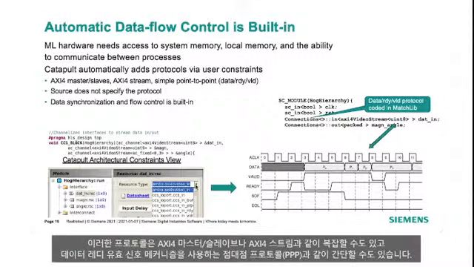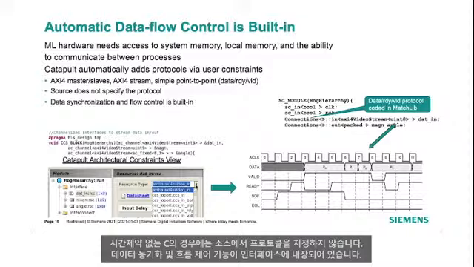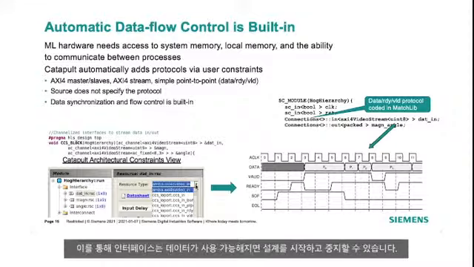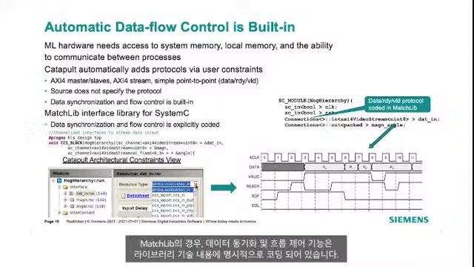These protocols can be complex, such as AXI master or slaves, AXI for streams, or simple point-to-point protocols using a data-ready valid signaling mechanism. For Untimed C, the source does not specify the protocol. The data synchronization and flow control is built into the interface, allowing interfaces to start and stop the design as data becomes available. With MatchLib, the data synchronization and flow control is explicitly coded in the library description.